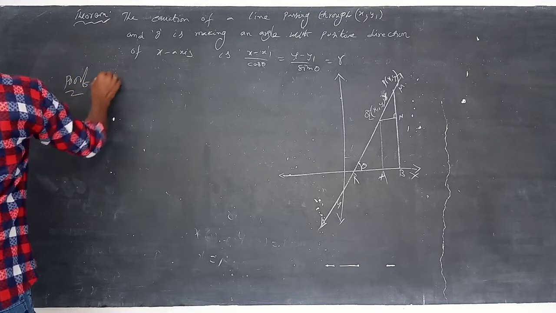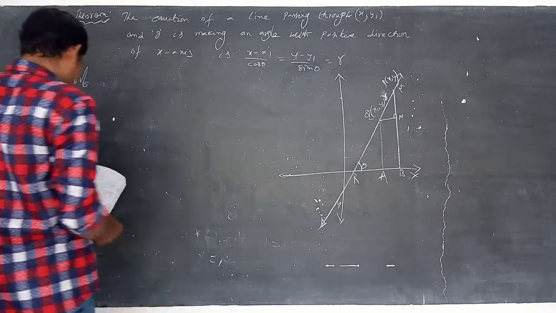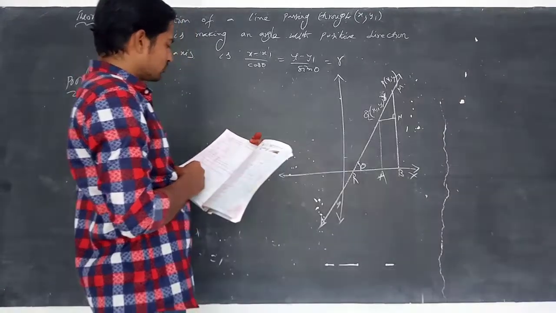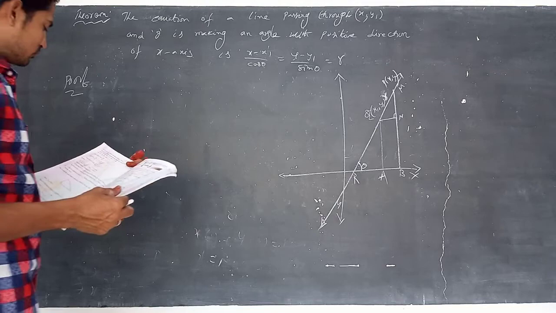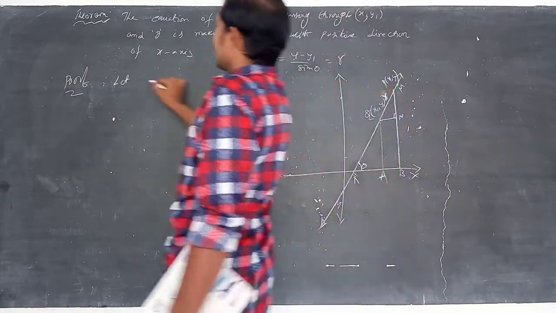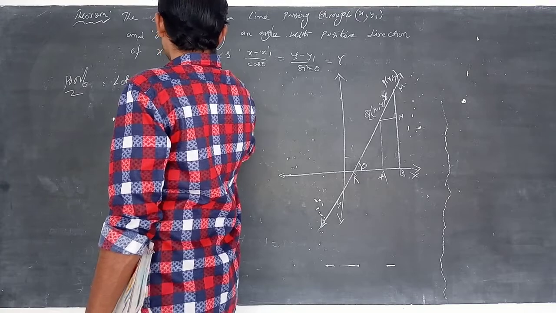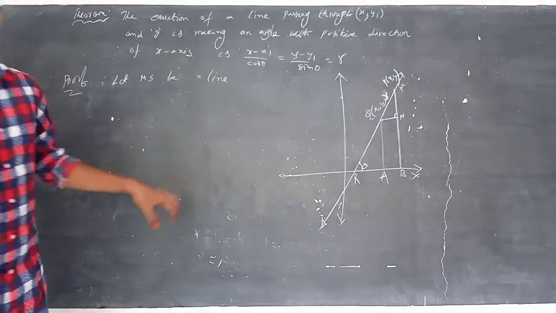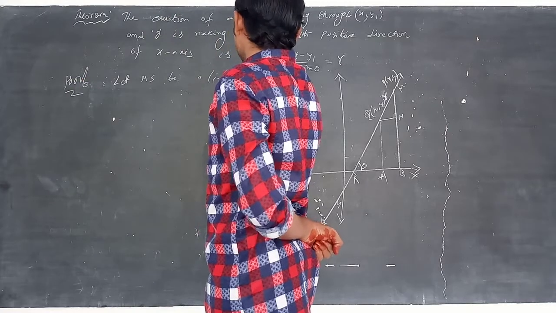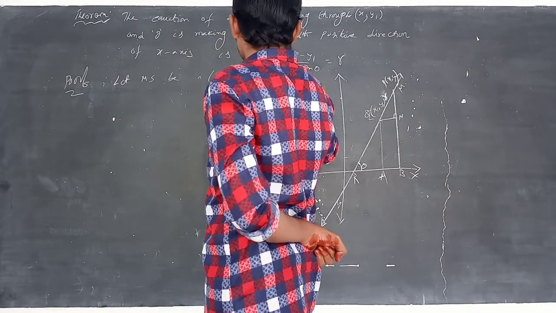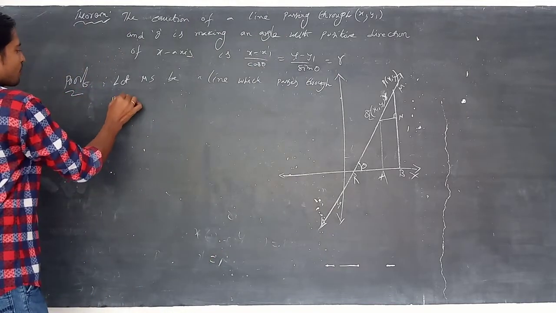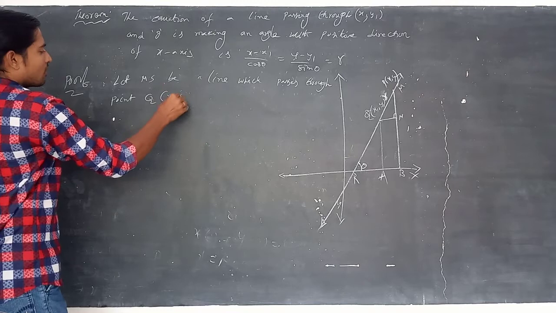Proof. Let MS be a line which passes through the point Q x1 comma y1.